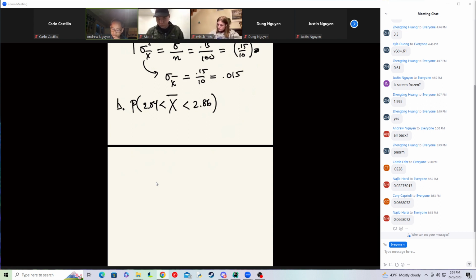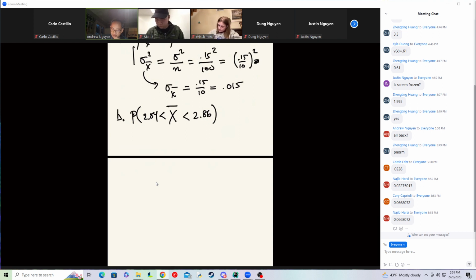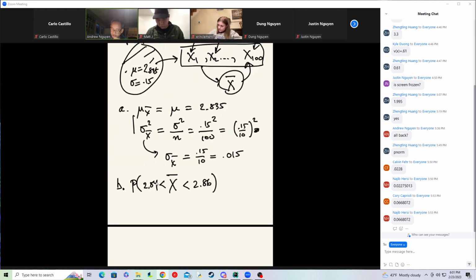So the first step, we know that X bar is approximately normal, with mean mu X and variance sigma X squared, right? So if I want to find this probability, first I have to standardize it.